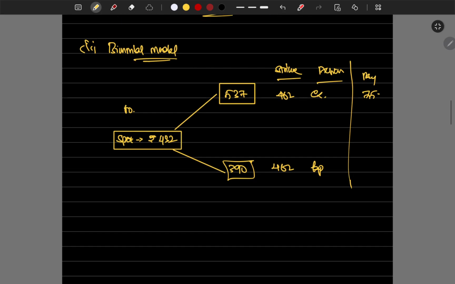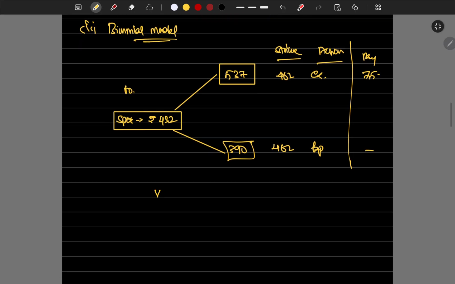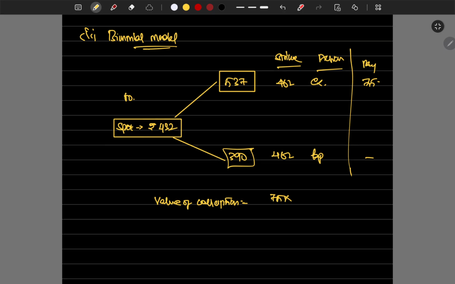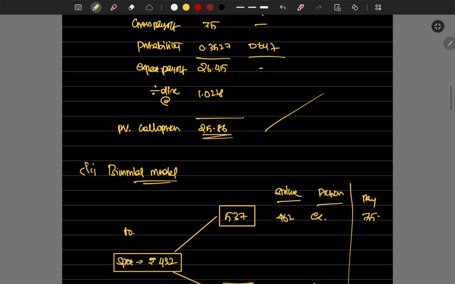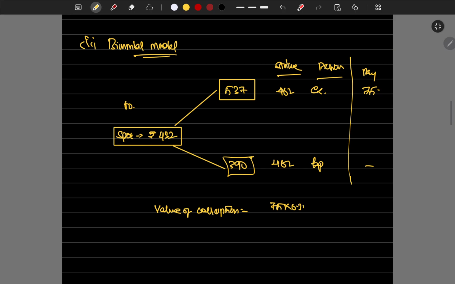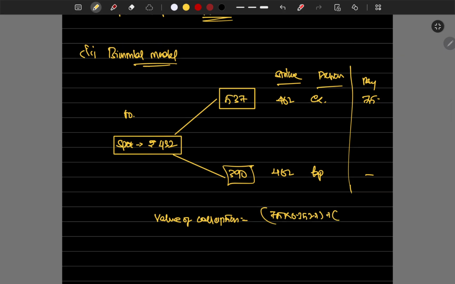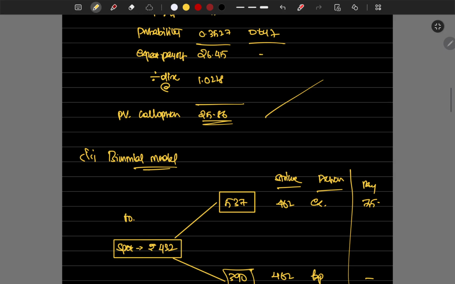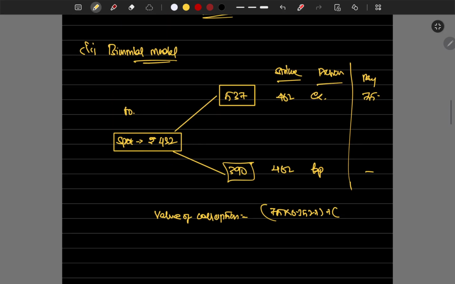So the value of the call option under binomial is 75 into the probability of max, 0.3527, plus the other term. Just as we have been doing in a table, now we are doing it in a formula. We can do that in a table also, no issues.